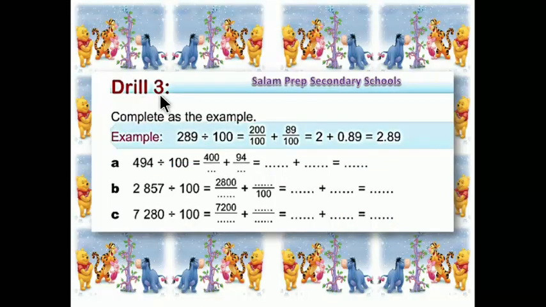Drill 3. Complete as the example. 289 divided by 100 equal. We can write this division equation in form of fraction.